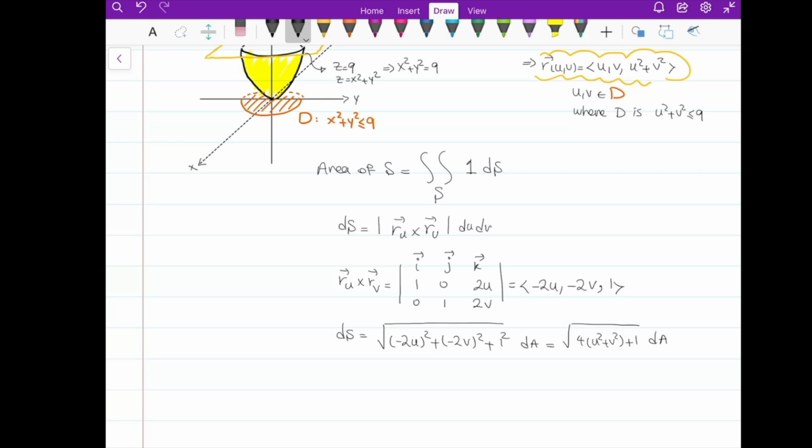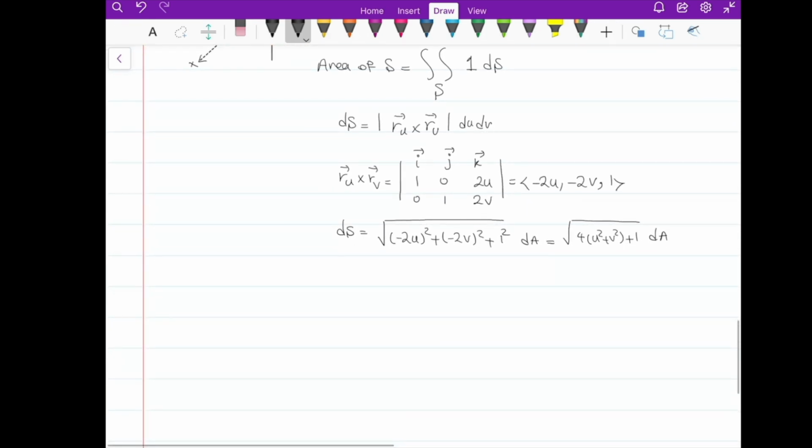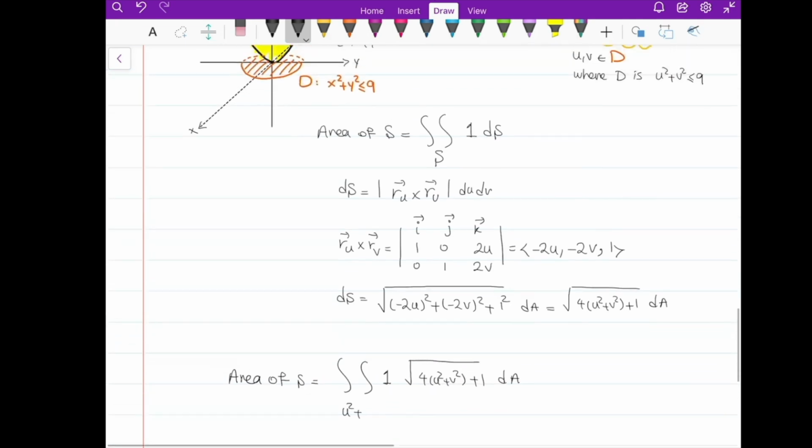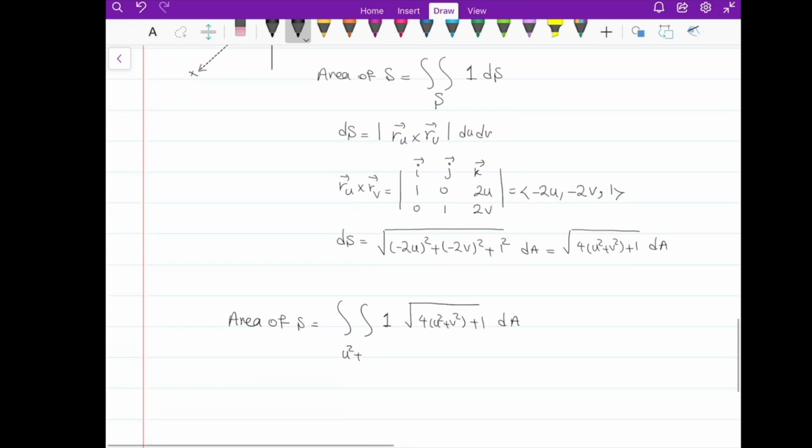Okay, so the area of S is equal to the double integral of 1 dS, which is the square root of 4u squared plus v squared plus 1, dA, over the region that my parameterization is defined on, and the region would be u squared plus v squared less than 9.